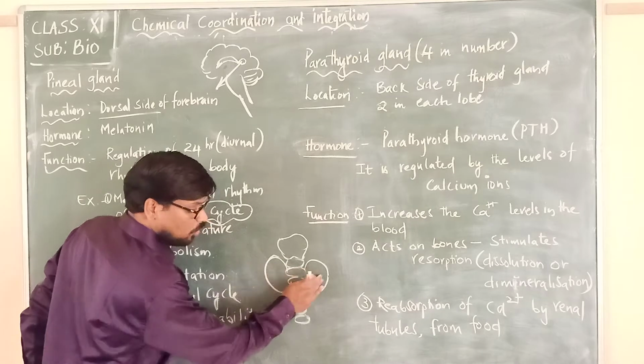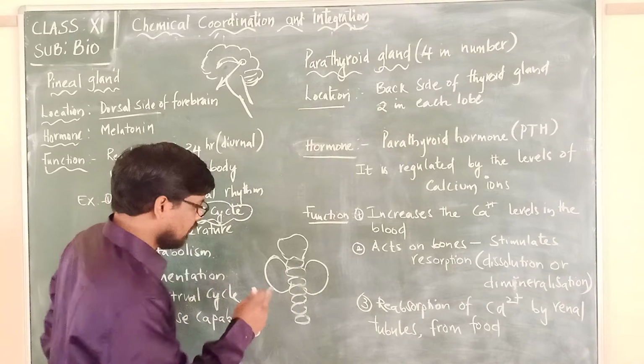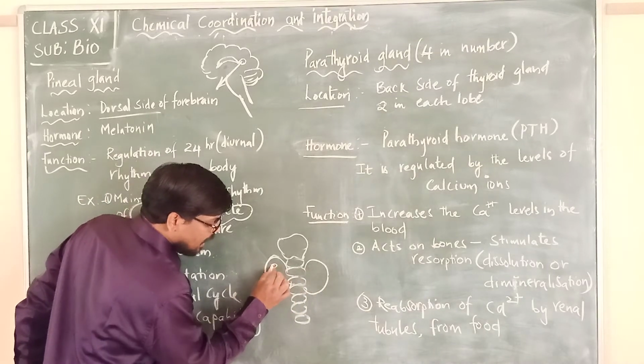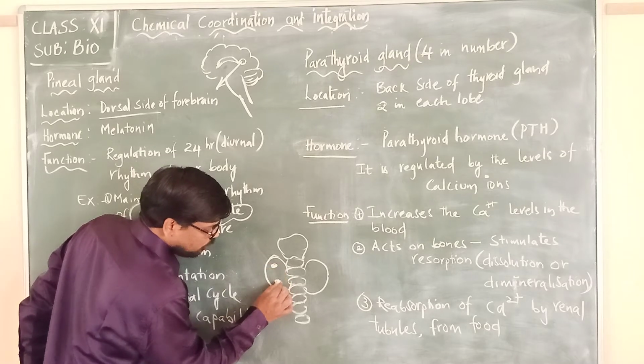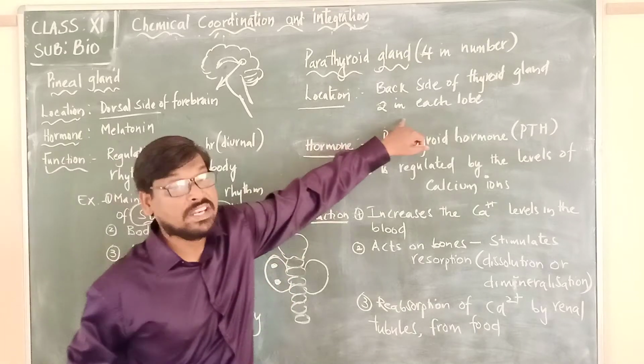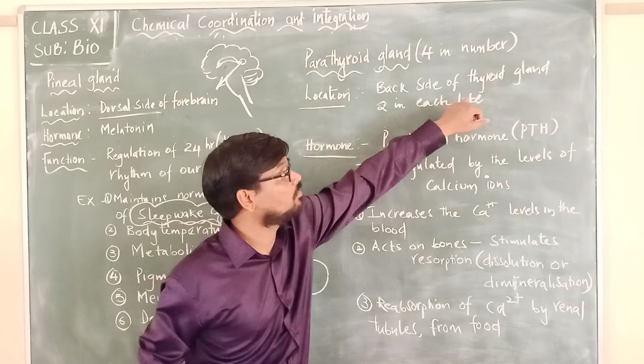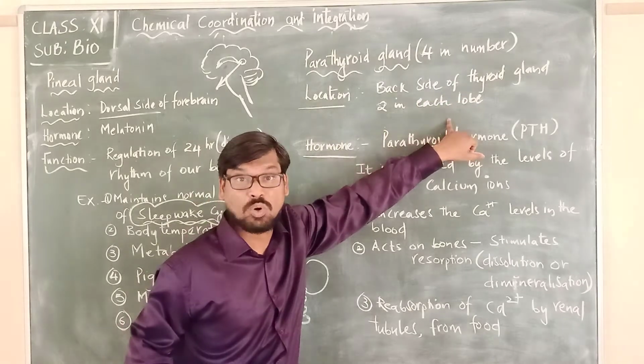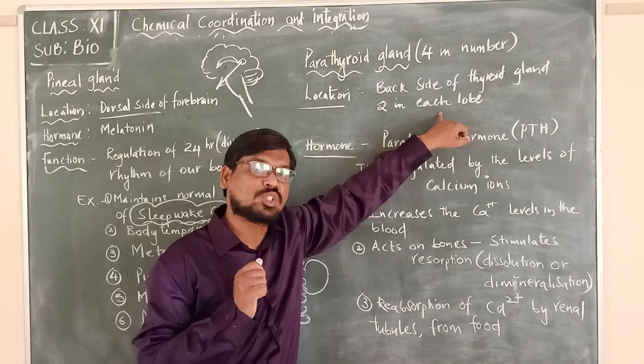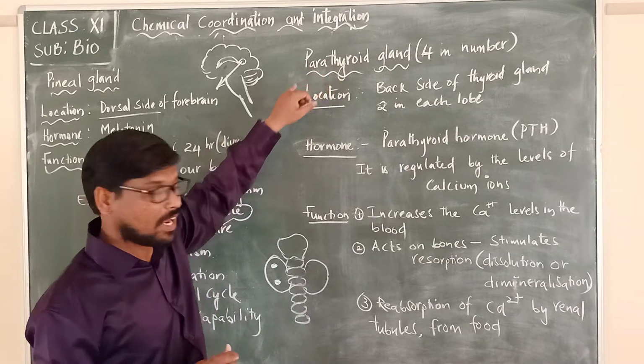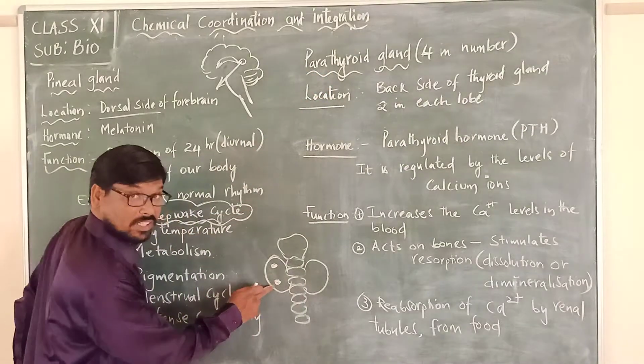If these are the 2 lobes of the thyroid gland, then in each lobe there are 2. Back side of the thyroid gland, 2 in each lobe. What are those? Parathyroid glands. So here are those 2 parathyroid glands.